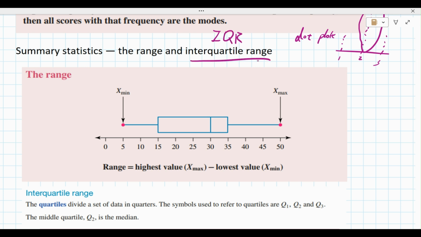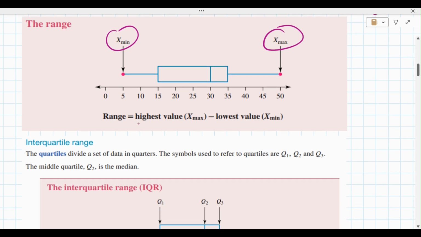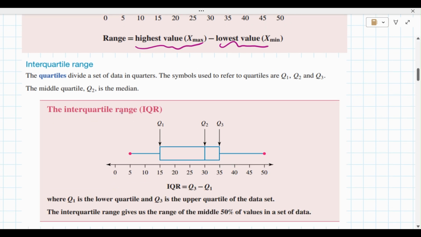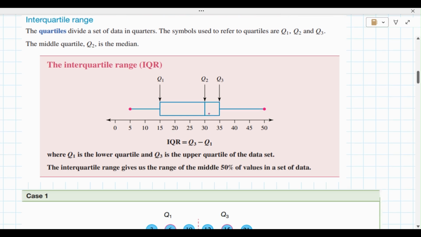In summary statistics, we need to know the IQR, which is the interquartile range, and the range, which is the maximum minus the minimum. The highest value is the maximum and the lowest value is the minimum. The interquartile range involves Q1, Q2, and Q3. Q2 is the median.